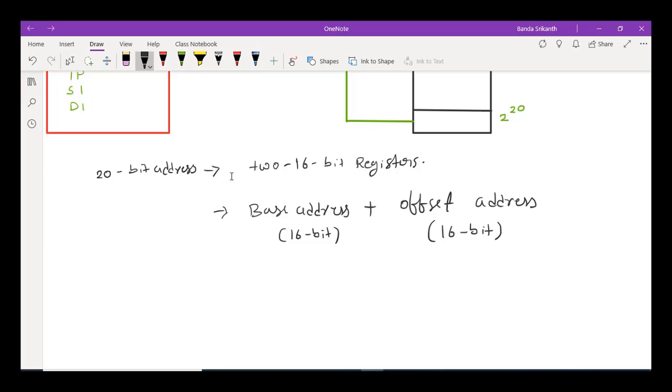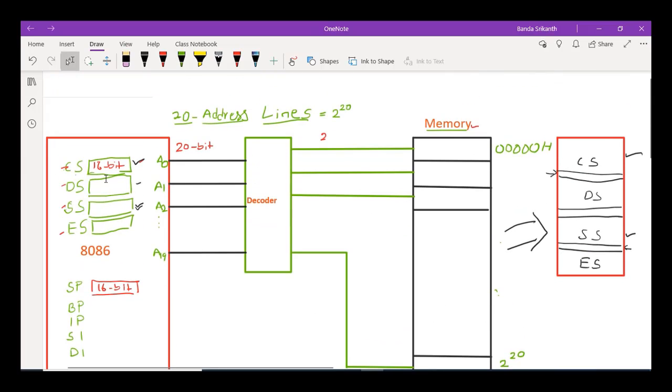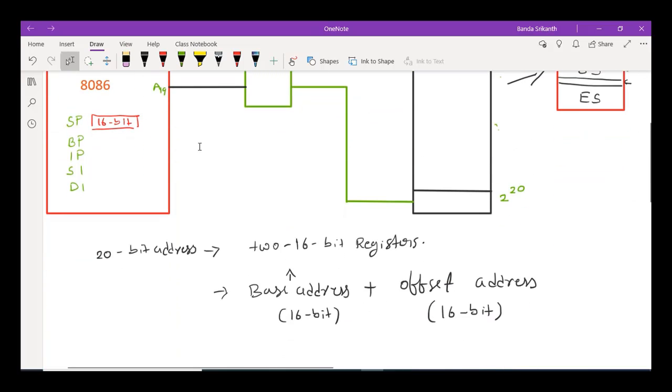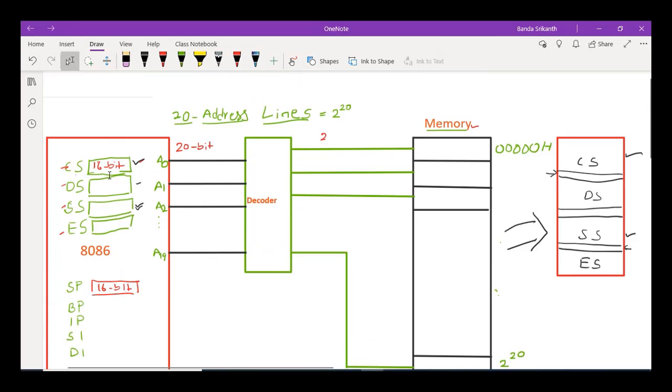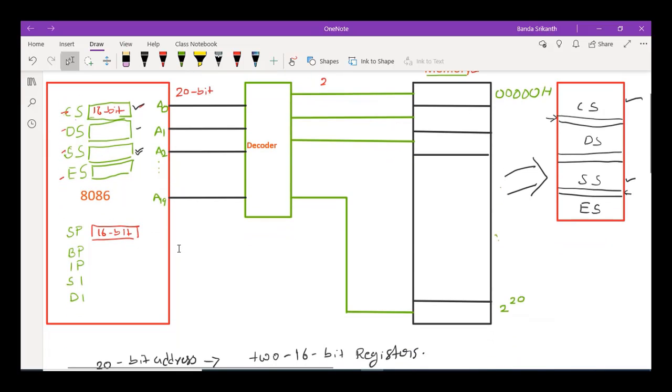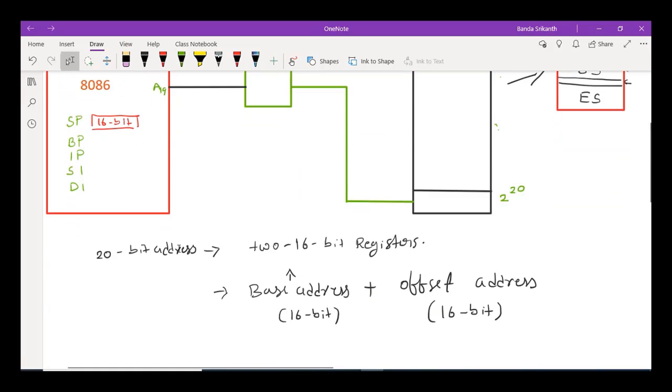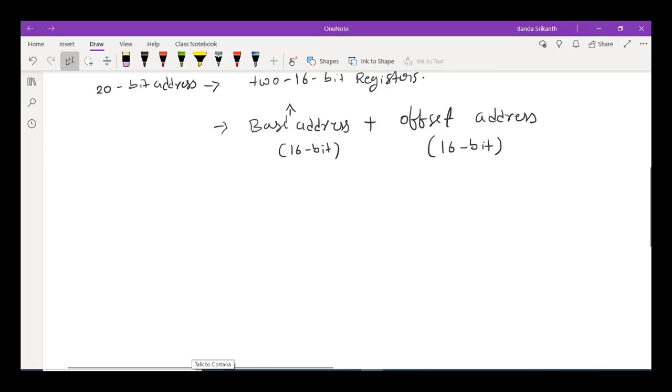The base address will be stored into the base registers and the offset address will be stored into the stack pointer, base pointer, instruction pointer, source index or destination index. Which offset register and which base register will be used is decided by the programmer. There are some default segment base registers and offset registers provided for different accesses.